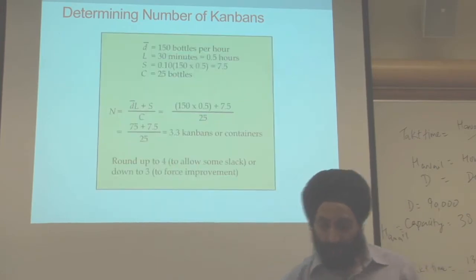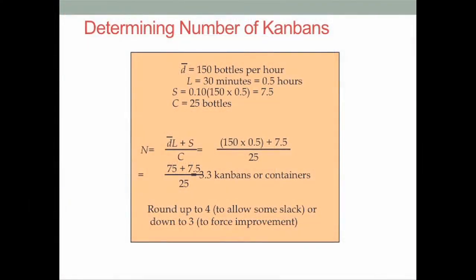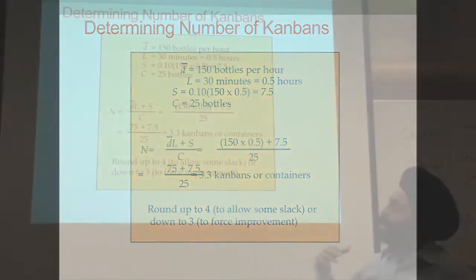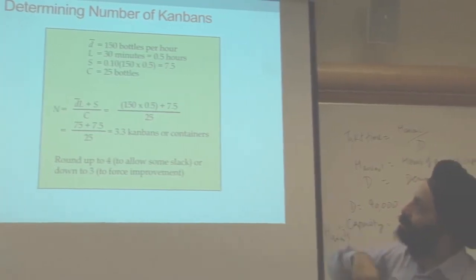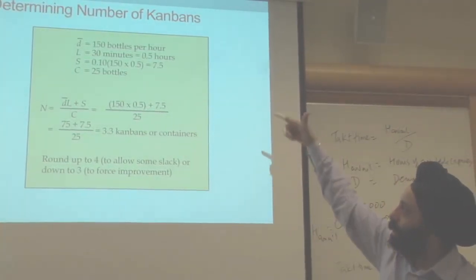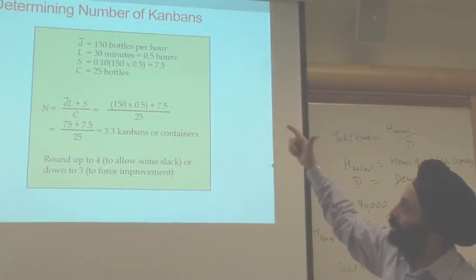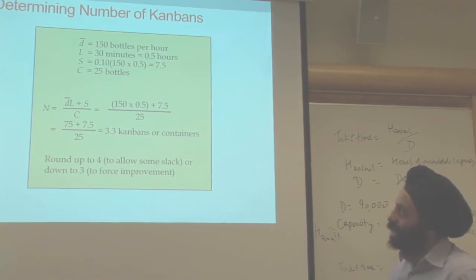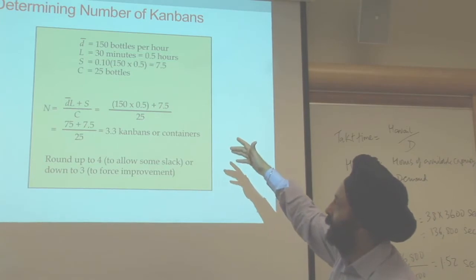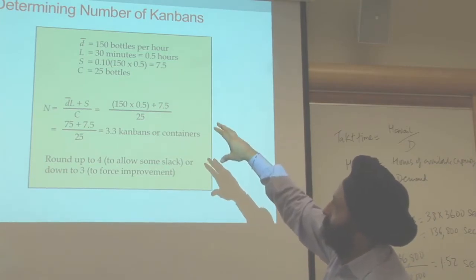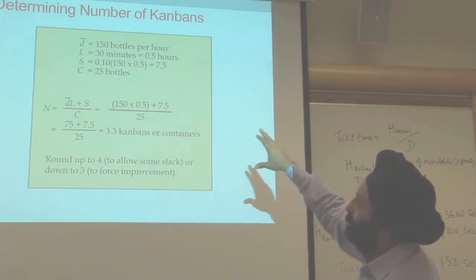So in this case, let's look at a specific example. Let's say we have 150 bottles that are being produced per hour, and lead time is 30 minutes, which in the same time notation is half an hour. S is 10% in this case of 150 times half an hour.